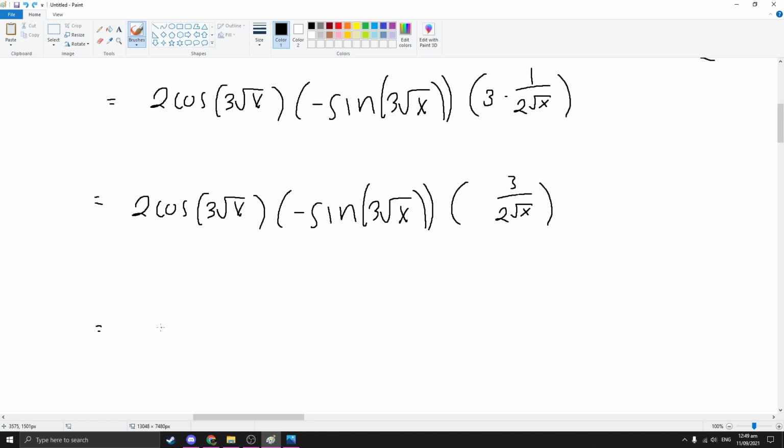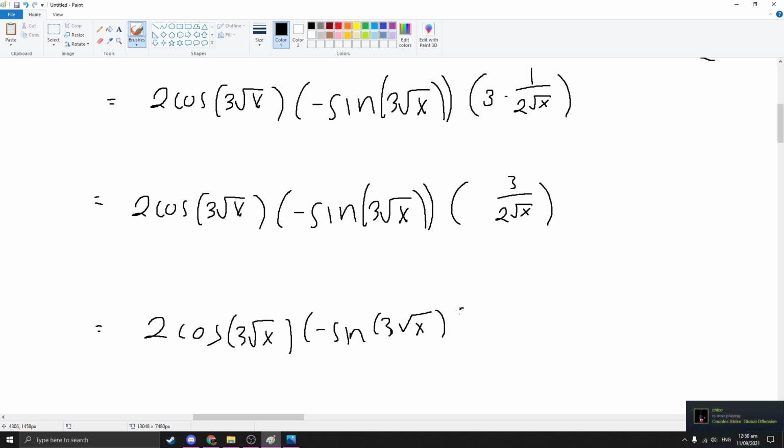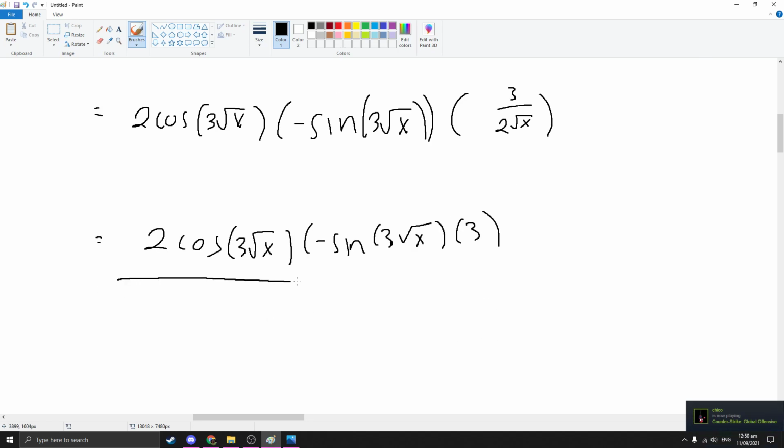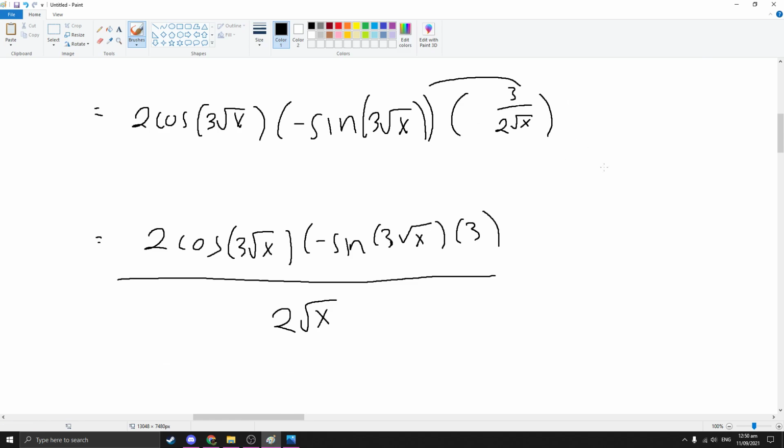So, ang magiging equation natin is 2 cosine 3 square root of x times negative sine 3 square root of x times 3 over 2 square root of x. Since minultiply nga natin siya sa numerator, magiging over 1 yung buong equation. And magkahiwalay ito, by the way.